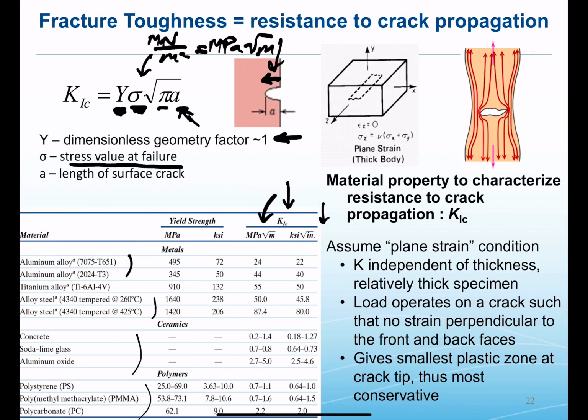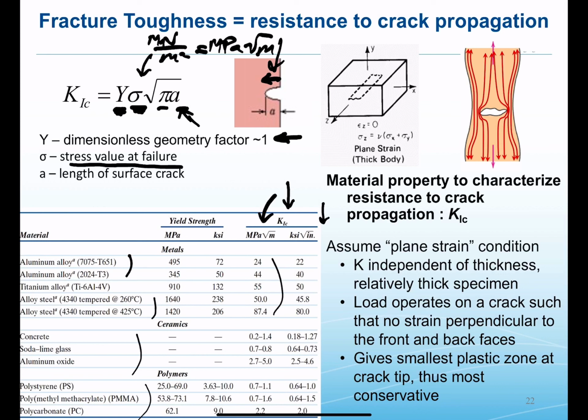And you can see some of the most resistant values are characterized by high K1C values, and they're found in the cases of alloys and steels, whereas concretes and other materials have lower K1C values.